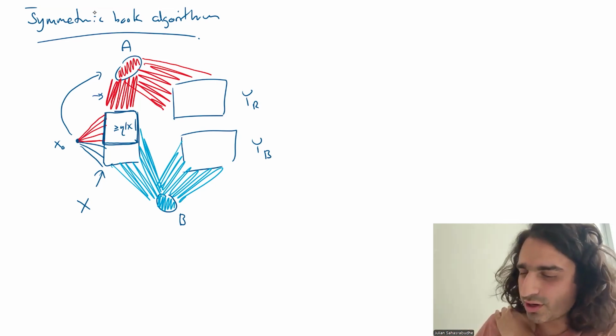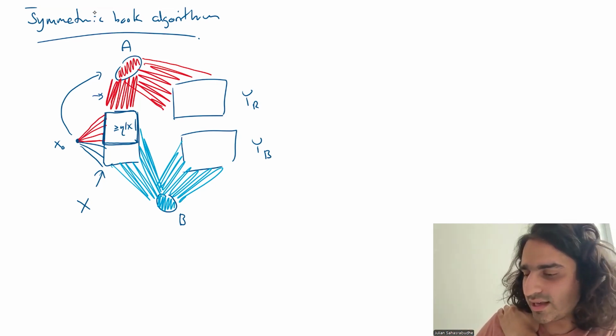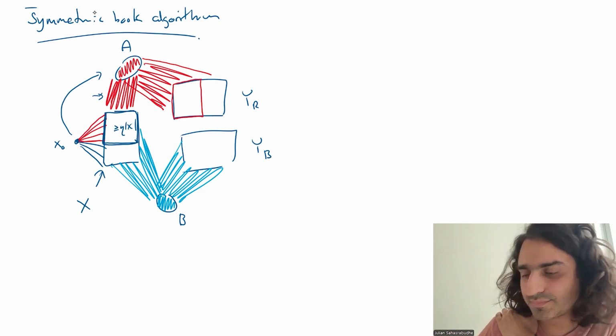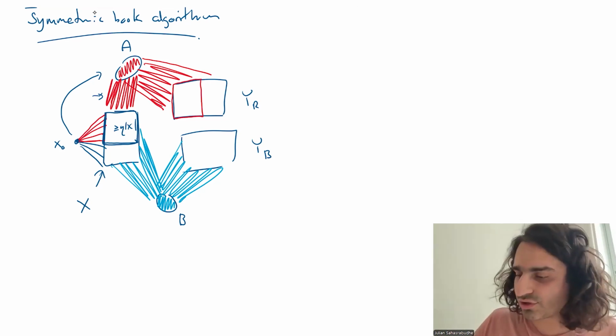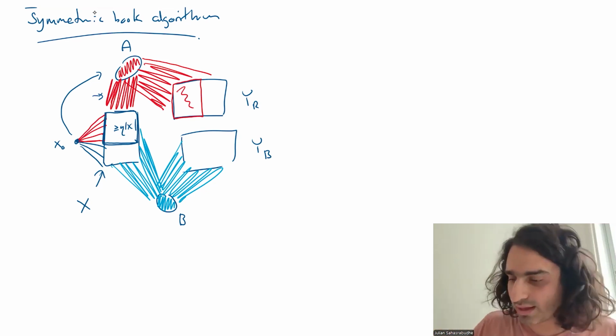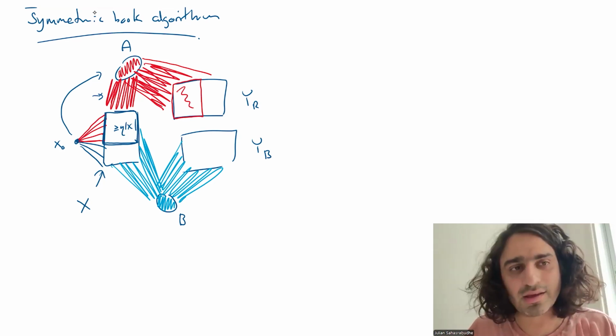But now here's the more complicated bit. I also need to maintain, I want this vertex here to have nice red neighborhoods over here, right? Because now I'm also going to have to shrink y sub r to be just this bit, the red neighborhood of x naught, in order to maintain this property, that A is joined to everything in y sub r.